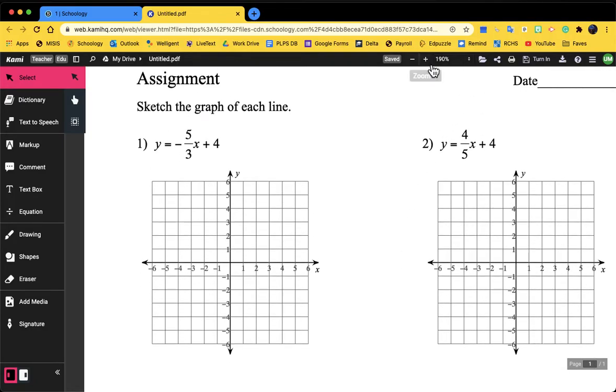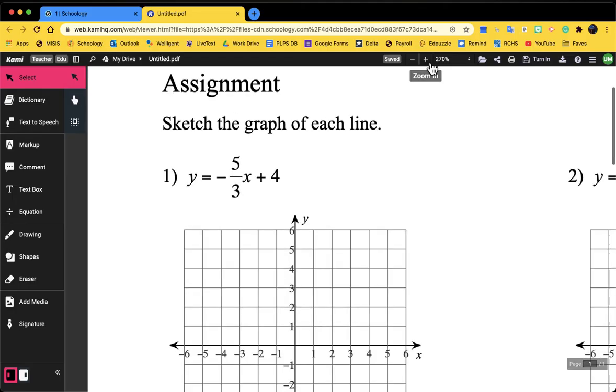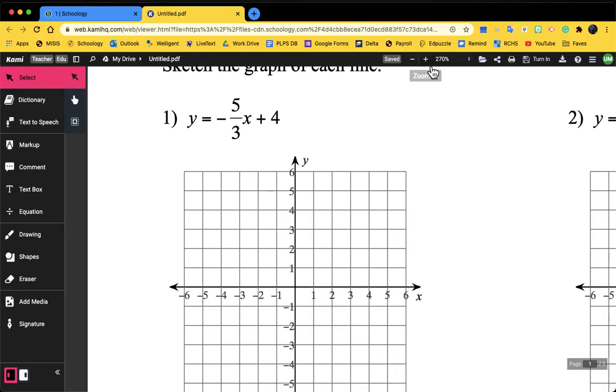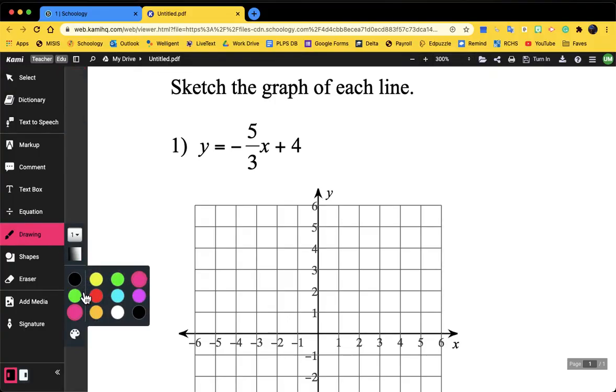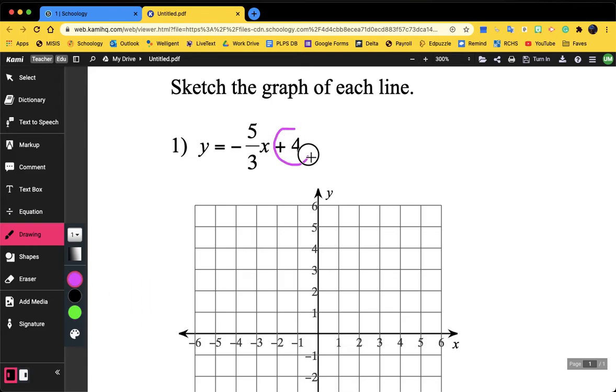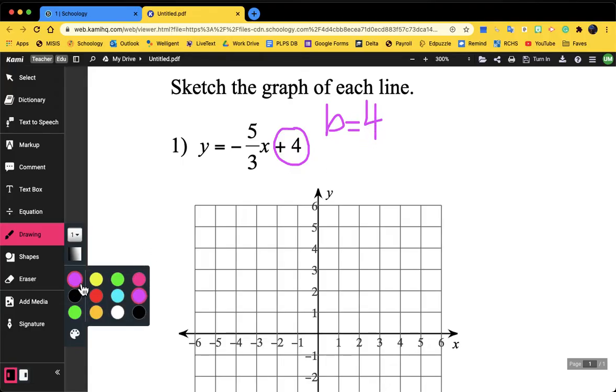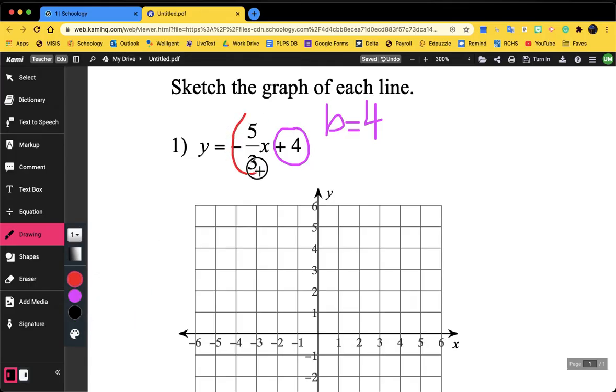So now I'm going to zoom in a little more. And I'm going to do number 1 here. I'm going to pick my pink or purple. And I'm going to find my B first. B is equal to 4. Next, I'm going to find my M. My M is here in the middle.